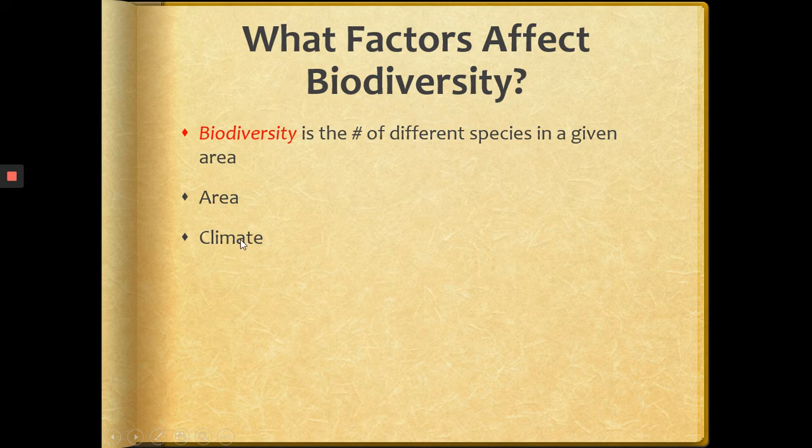Second is climate. Okay, and we're going to go through these individually. Third, genetic diversity. Okay, so actually the different forms of a gene within a specific species. And then finally, niche diversity. Okay, so these are the four factors that affect biodiversity.